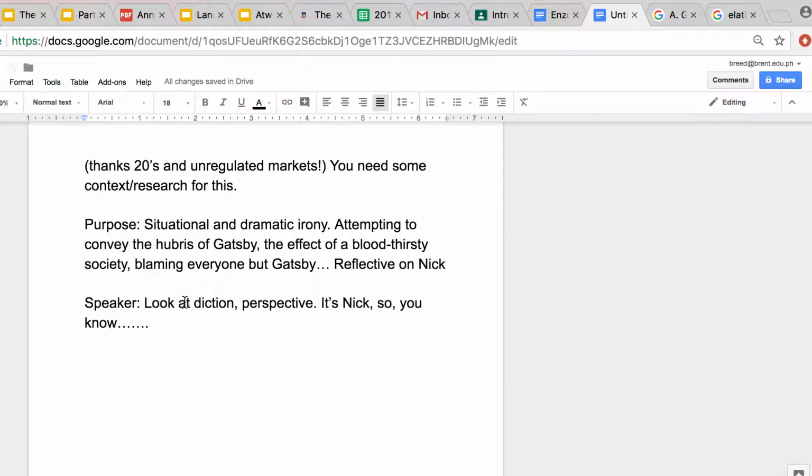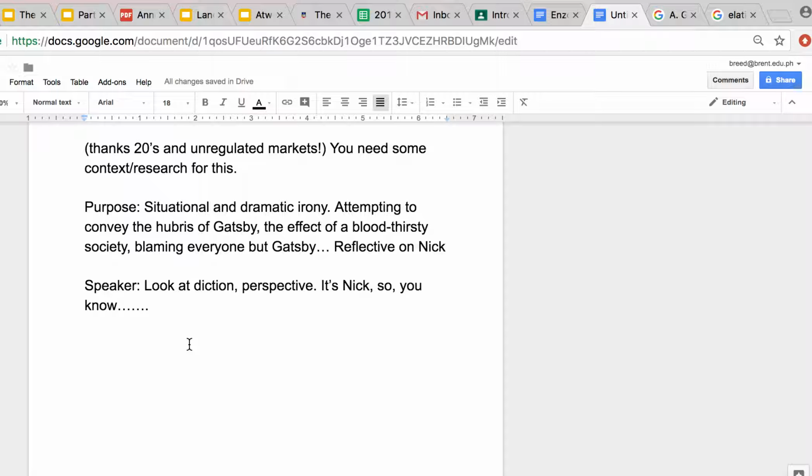The purpose is both situational and dramatic irony in the fact that Nick is unaware of his own faults, and then also examples of dramatic irony that play out through that passage. It's attempting to convey the hubris of Gatsby, right?